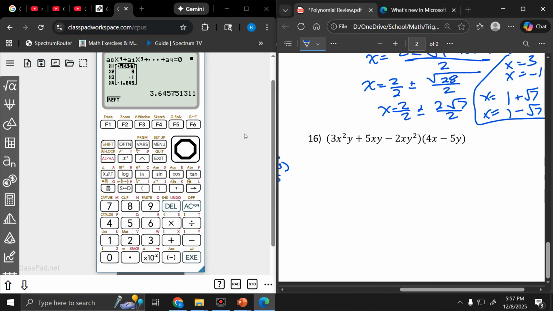Number 16, distribute to all of these. X squared times x is x cubed. Then I have a y. And then this times that, minus 15x squared y. This is to the 1 power, so 2. Now I'll do this.